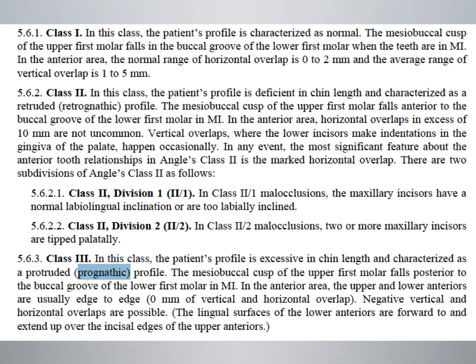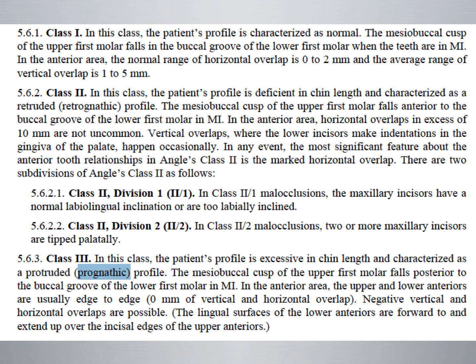Then we have class 2 division 2, when 2 or more maxillary incisors are tipped palatally. So once again, division 1, we'll take a look at this in a little bit, has anterior teeth flared too far forward labially, and division 2 has them tipped backwards towards the palate. That is the difference between a class 2 division 1 and a class 2 division 2.